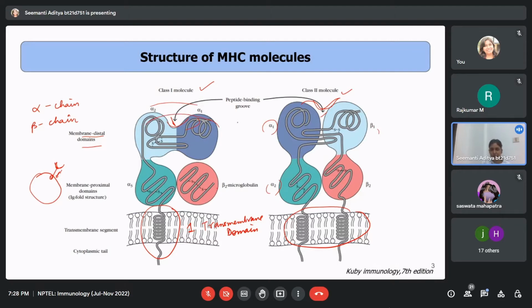The alpha 1, alpha 2 region is quite variable in case of class 1 molecule, whereas the alpha 1, beta 1 segment is quite variable in case of class 2 molecule. Whereas the beta 2 microglobulin parts, which are towards the membrane proximal domains and are not interacting directly with the peptide, are more or less conserved. So this consists of variable regions, and this consists of conserved regions in MHC molecule.